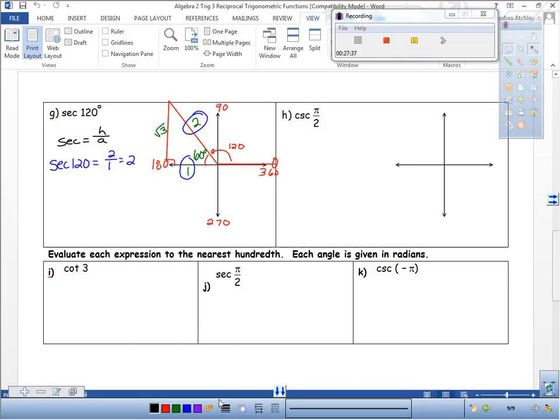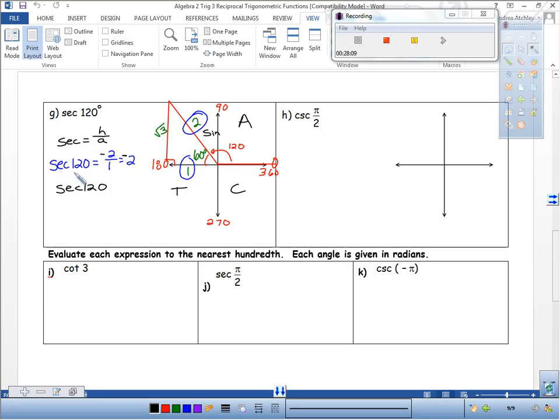Then finally I just need to worry about my sign. Miguel, what's the sign? Negative. And why is it negative? Okay, so sine is positive here.